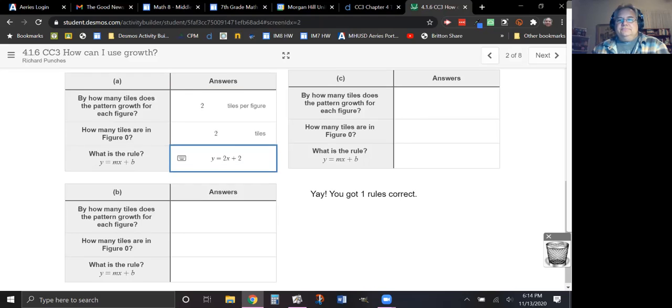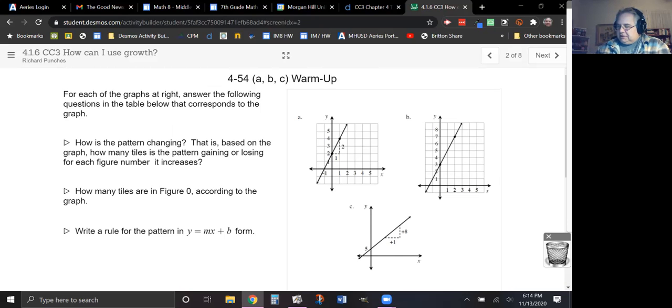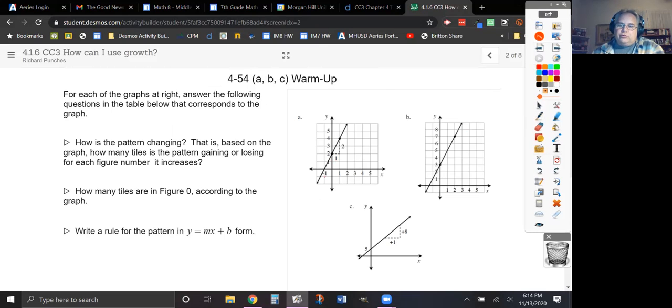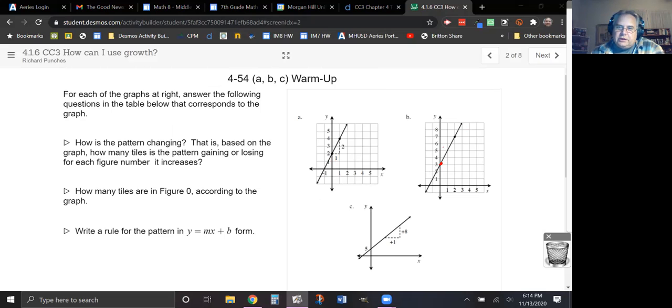For figure B, figure B has a little twist in it. When we go to get the growth rate, I see a point here at 3 and I see a point up here at 7. So as it grows this direction it goes 4 tiles, but it does it in 2 figures. So if I have 4 tiles in 2 figures, then I must have 2 tiles in 1 figure. So the growth rate, m, is just 2.